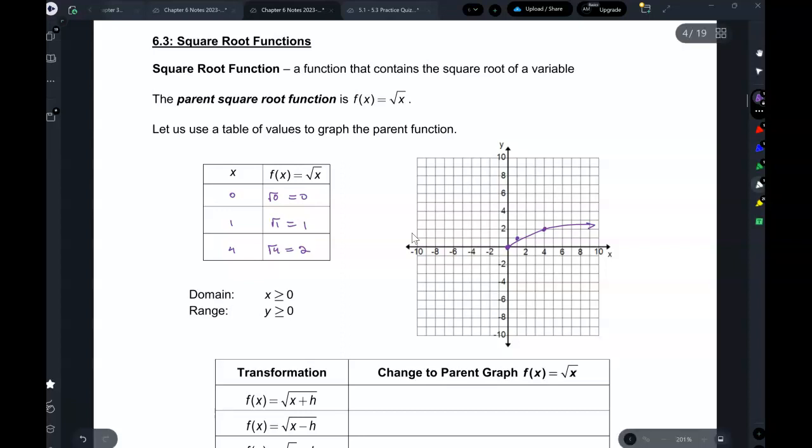Okay, as we already mentioned, the domain is x is greater than or equal to 0 because in the radicand, inside the radical, you cannot have any negative number. Once we graph, you realize that the range is also y is greater than or equal to 0. So let's think about it. If the range is the y values, the smallest number I put in here will be 0, and the y value will be 0.